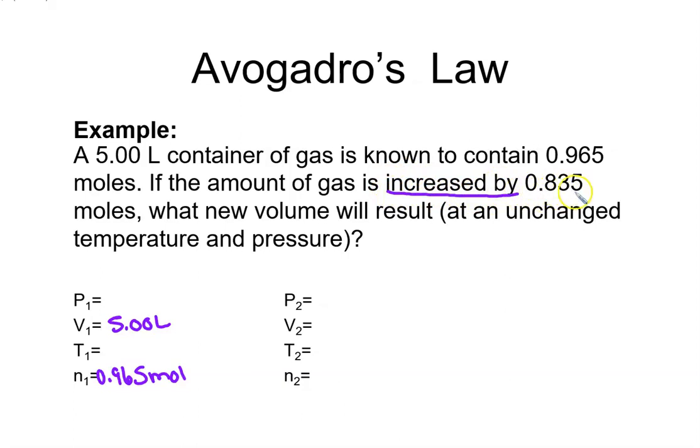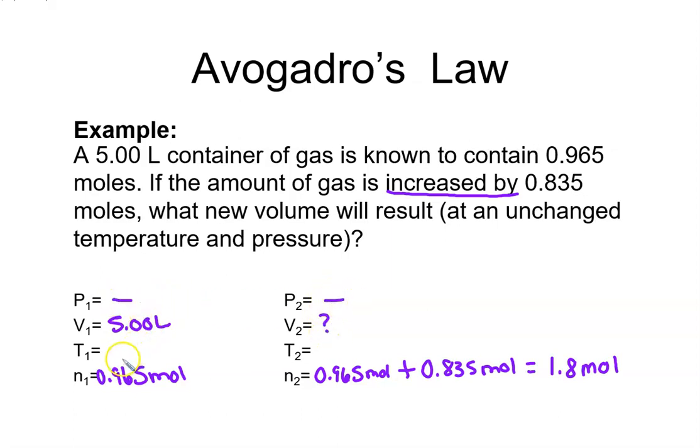It doesn't say that this is the new mole amount, which some of you just want to do. You've got to actually read the problem. It increased by, so what it means was, it was this, but I added this much to it. That's what some of you weren't reading on your dilution problem. So my total here is 1.8 moles, almost double this. I want to know what the volume would be.